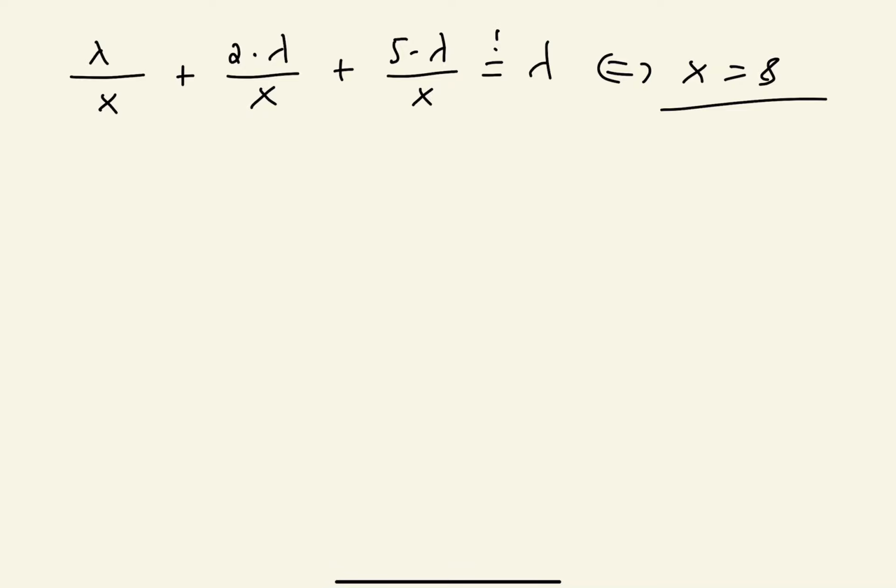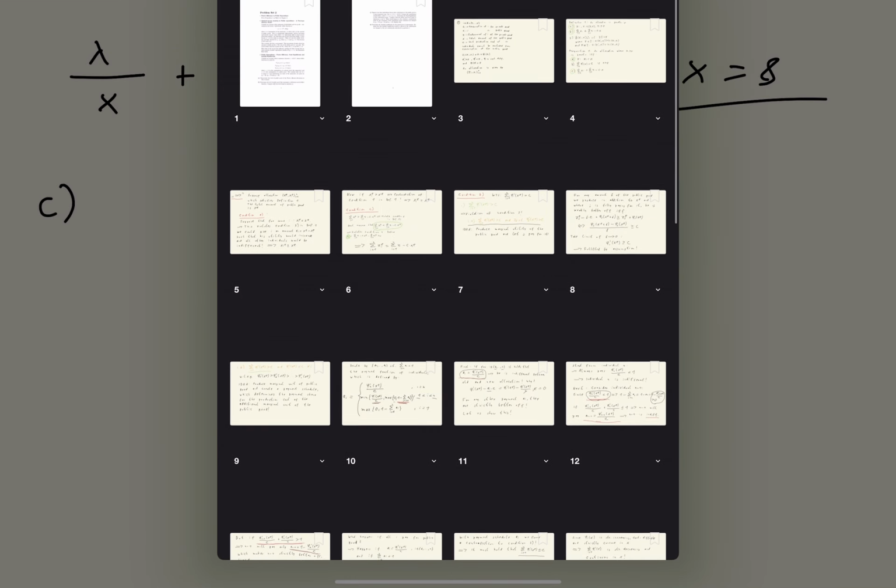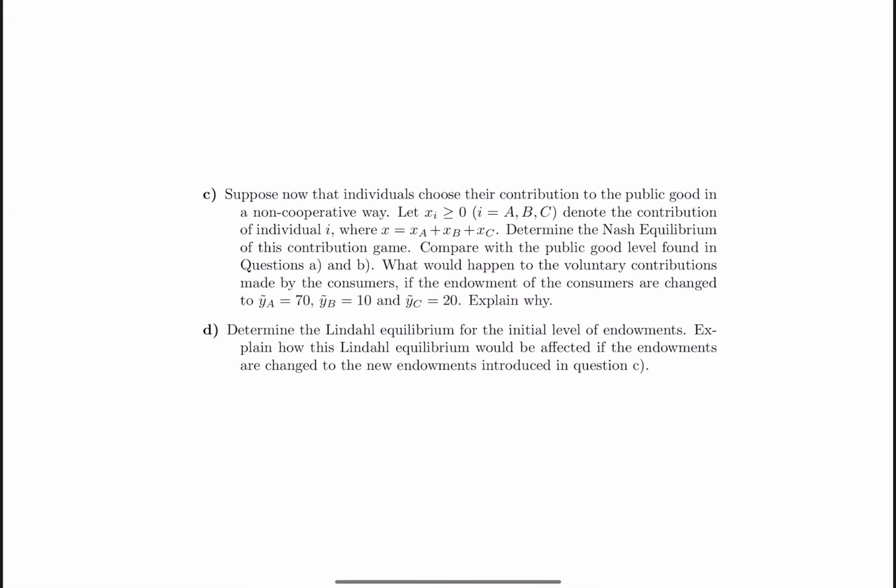Okay, let's go to sub-exercise C. So now we're considering a game theoretical approach and not a classical, more central governmental approach or social planner approach. Now the individuals are choosing their contribution to the public good in a non-cooperative way.